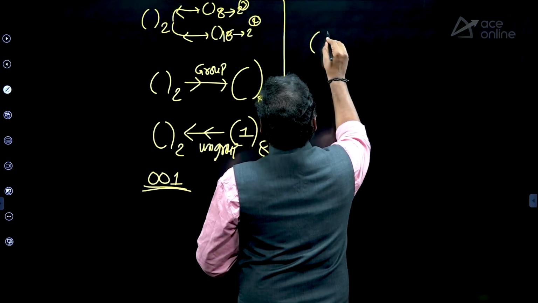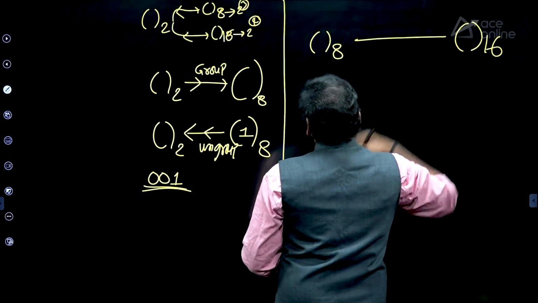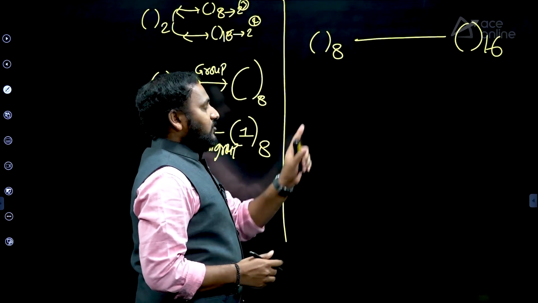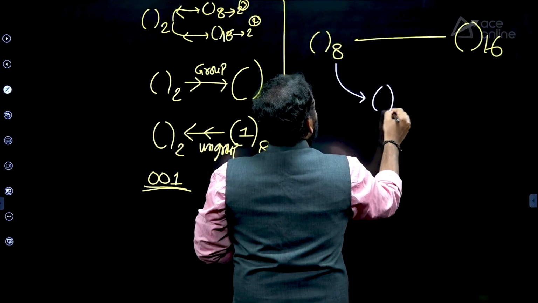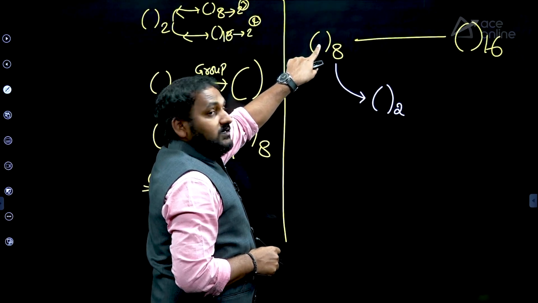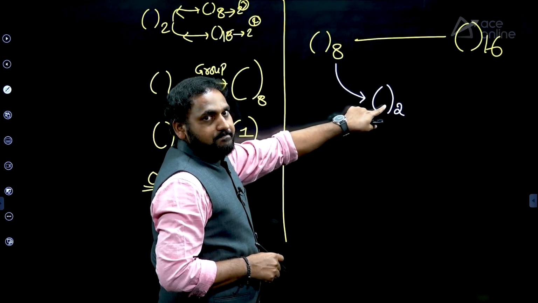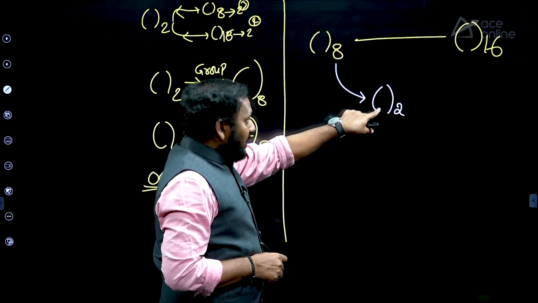Now octal to hexa. Seriously, you don't go octal to decimal and then decimal to hexa. Better you do it like this. Octal to binary is easy. Every digit in octal should be represented with 3 digits in binary. For example, 4 is 100, like that.